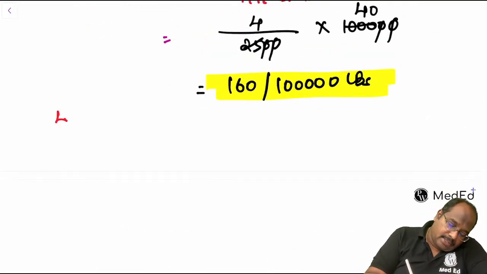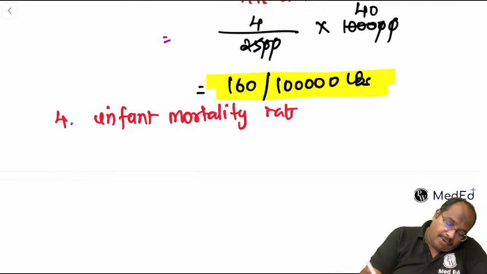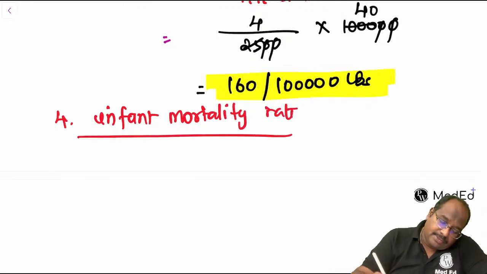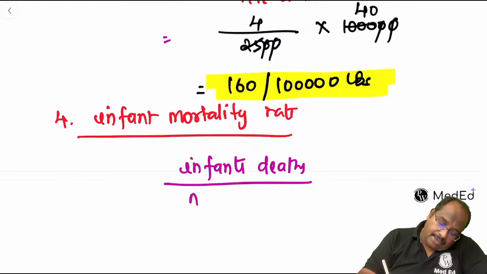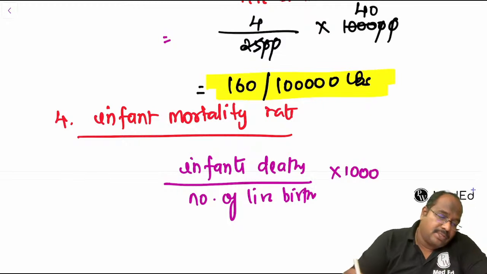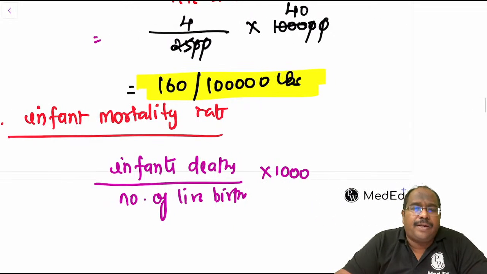Fourth one is infant mortality rate. Numerator is infant deaths. Denominator is number of live births, multiplied by 1000. This comes in 1000, guys. So how much are the infant deaths?